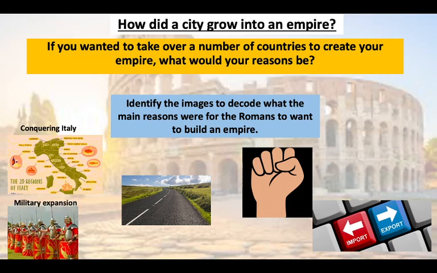Then we've got military expansion, so they wanted to expand their army, increase the number of soldiers that they had, and have them placed all over their empire. Then to build good Roman roads, so one of the reasons that we're going to be looking at in a little bit more detail is the Roman roads.